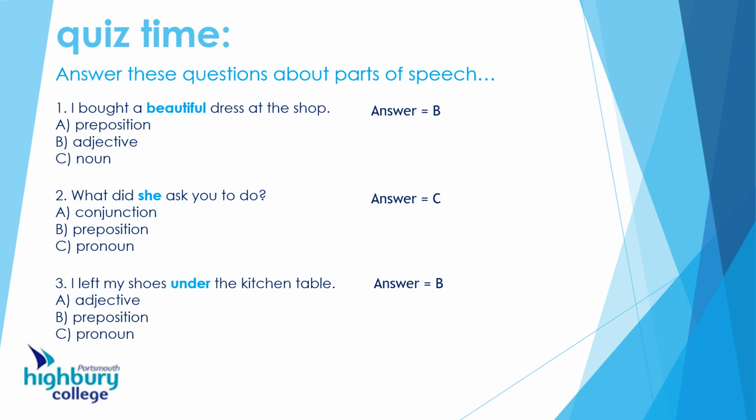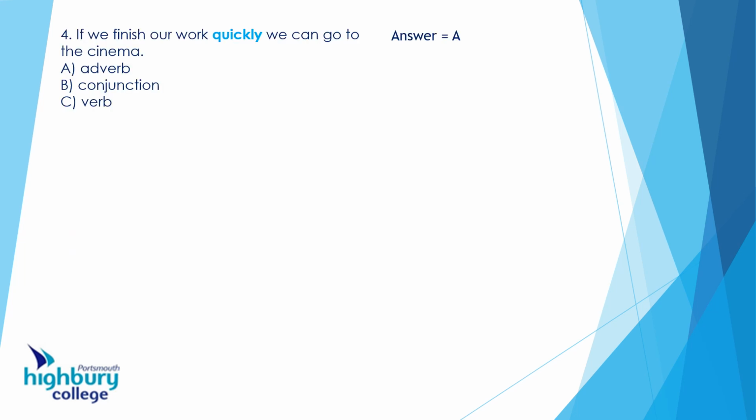There you go, B. Okay, question 4. If we finish our work quickly, we can go to the cinema. Adverb, conjunction, or verb? What do you think? There you go, that's an adverb.